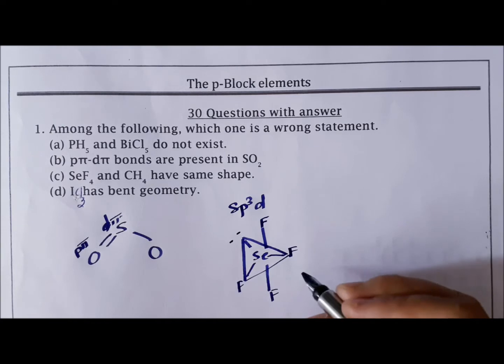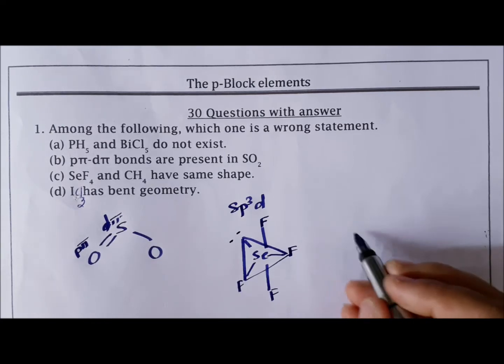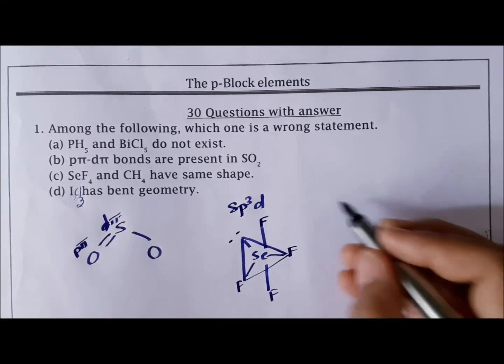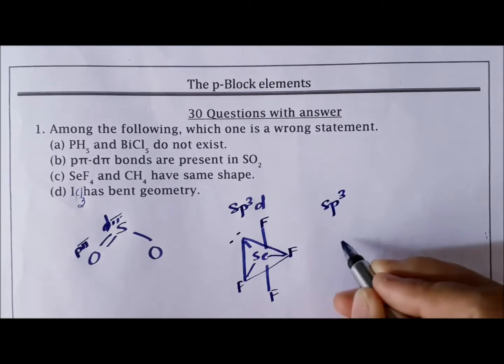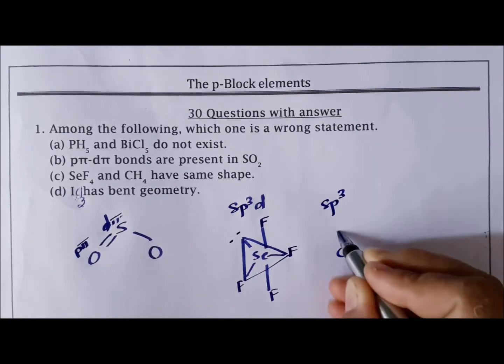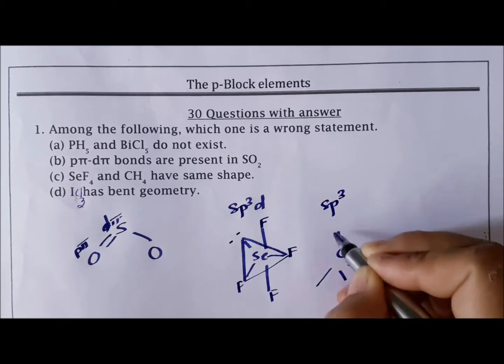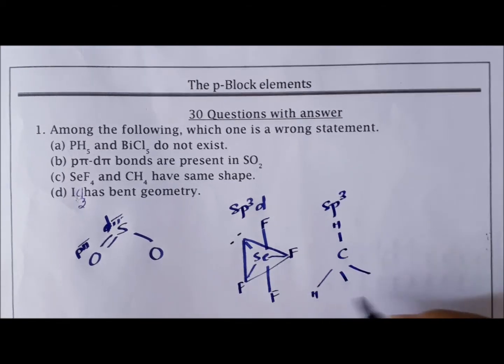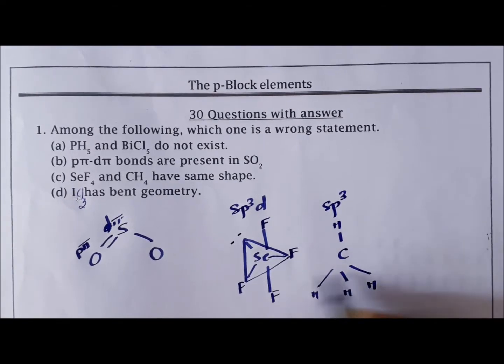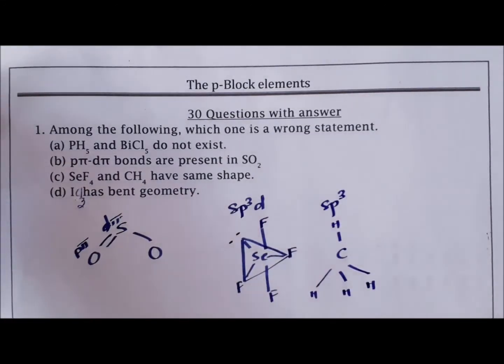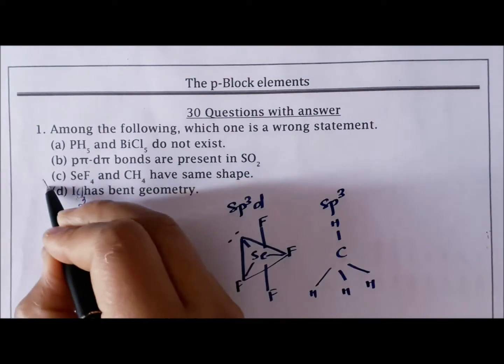So this is the shape for SeF4, and for CH4 we know the hybridization is sp3, so it will have a regular tetrahedron shape. So both don't have the same shape. So option C is the incorrect statement, the wrong statement.